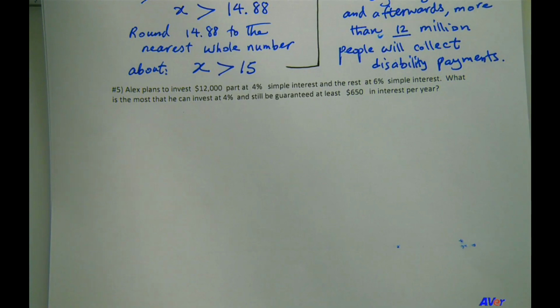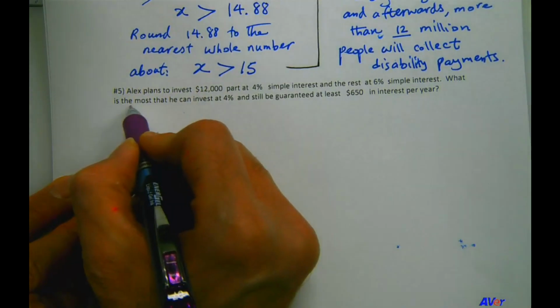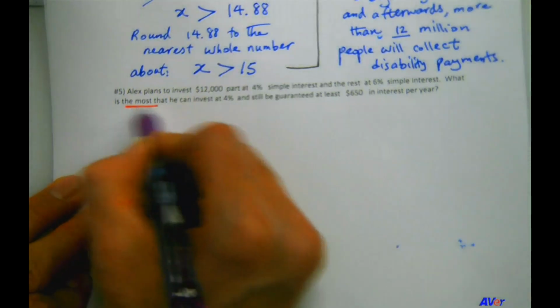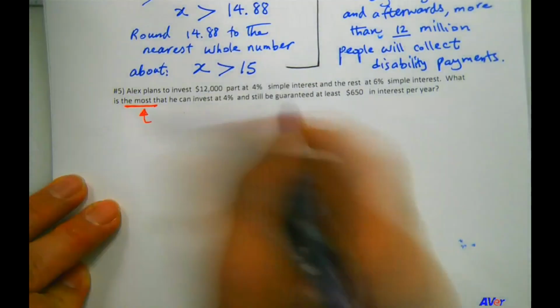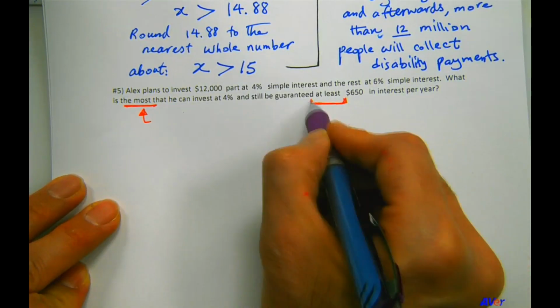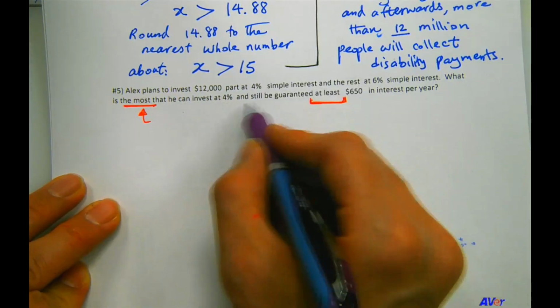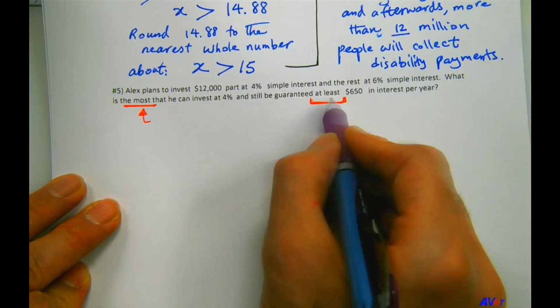So the clue for us to set up an inequality is right here: the most, and at least. What is the most that he can invest here in order for him to be guaranteed at least this much.